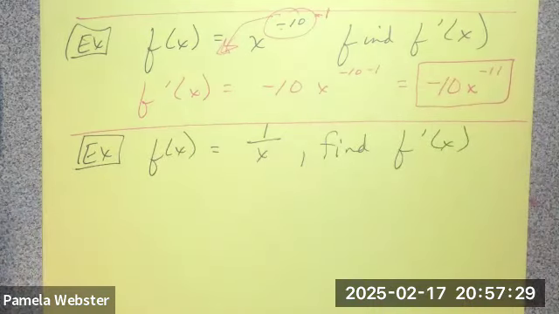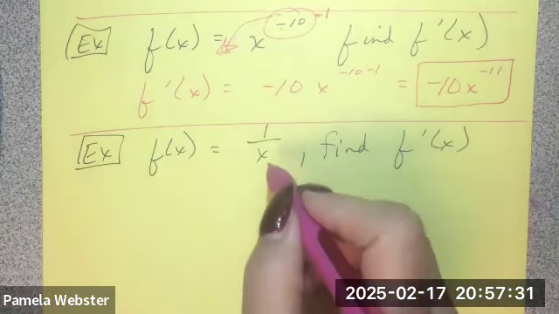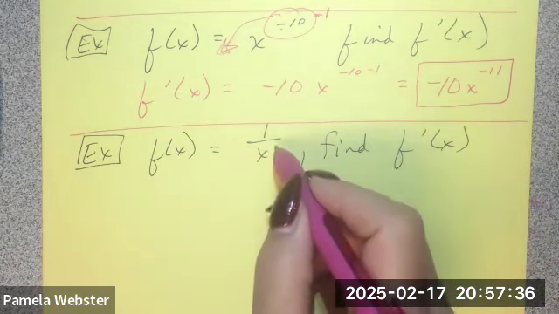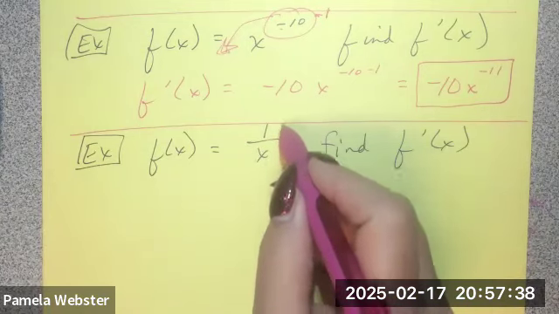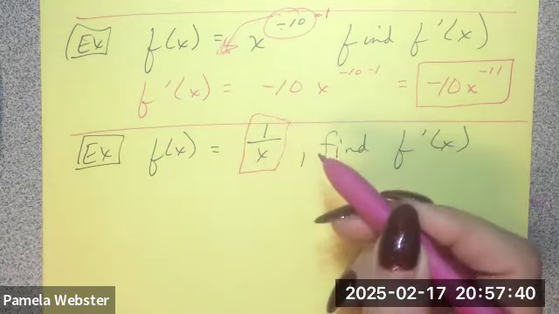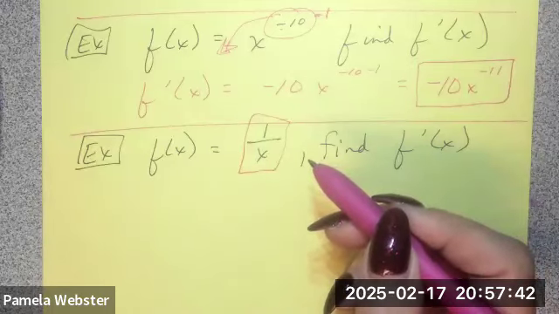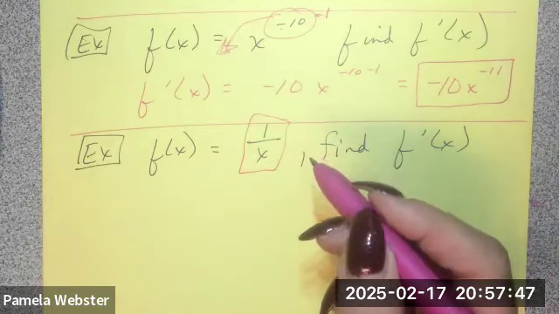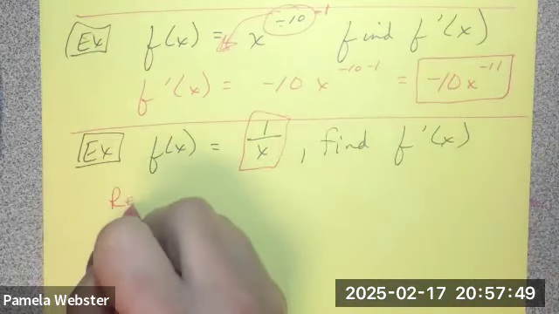Find f prime of x. Here we're going to find, there's lots of ways to do this one. There's something called a quotient rule. We'll get that later. But what we're going to find is knowing your exponent rules. Didn't I tell you to know your exponent rules? I know I did. Okay. Knowing your exponent rules here is going to pay off for you because we're going to rewrite this.